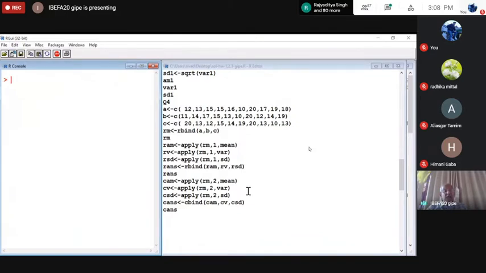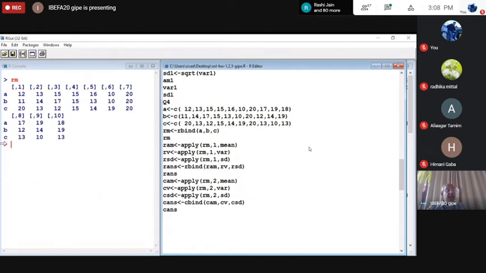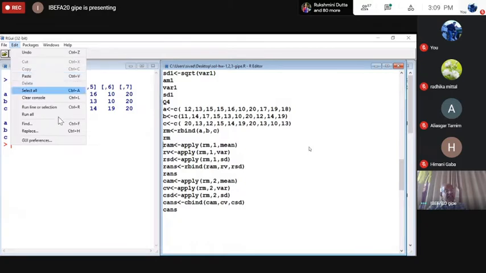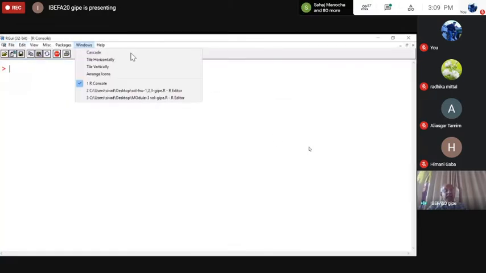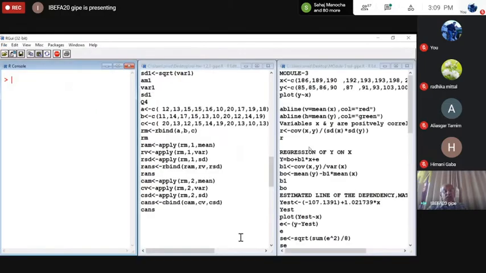This is my matrix. I am repeating now. 3 divisions and 10 students each. RM.